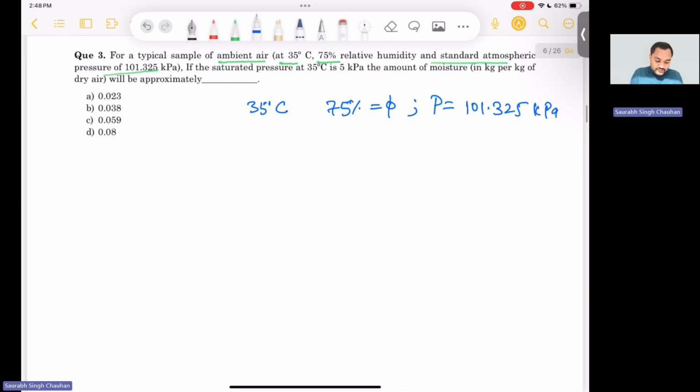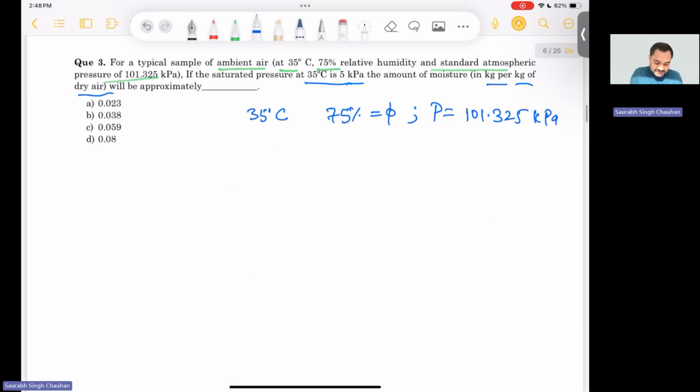So if the saturation pressure at 35 degrees is 5 kilopascal, the amount of moisture in kilogram per kg of dry air will be approximately. This sample has 75% relative humidity and the saturation pressure at 35 degrees Celsius is given. So PS at 35 degrees is 5 kilopascal.